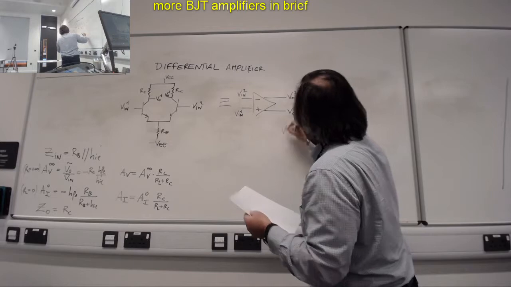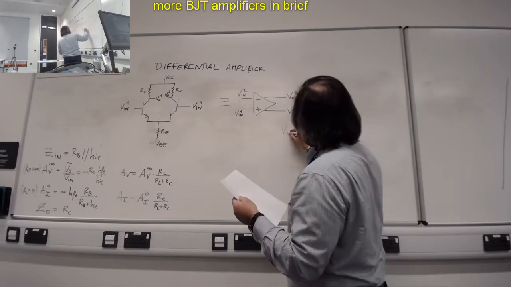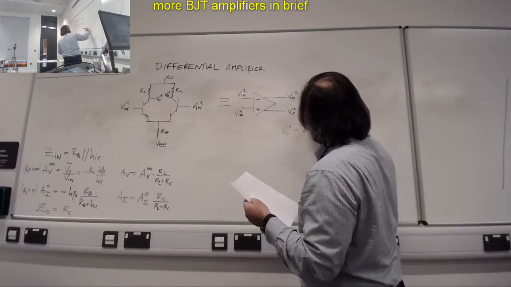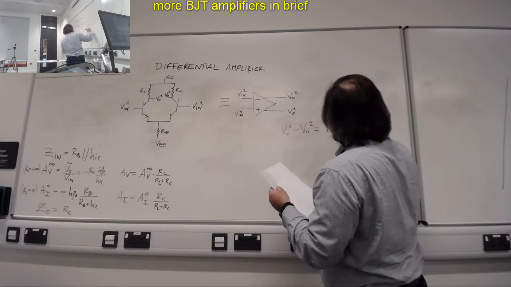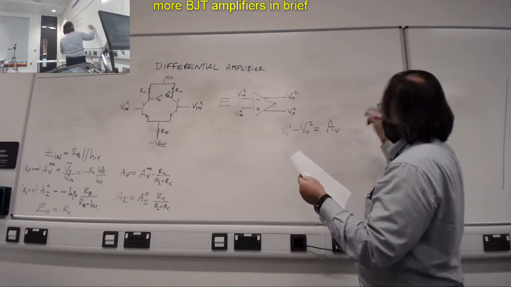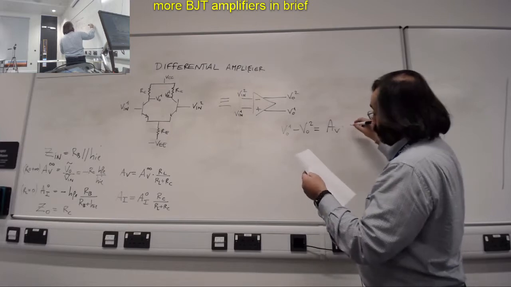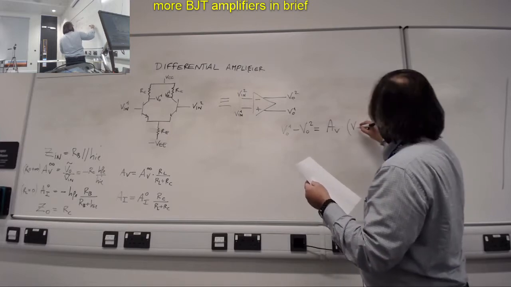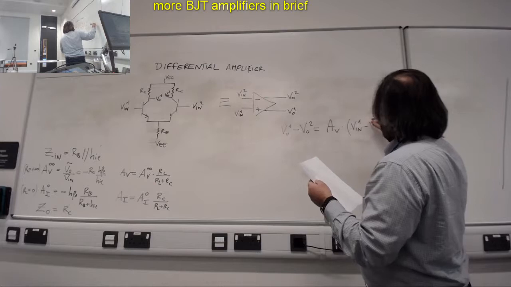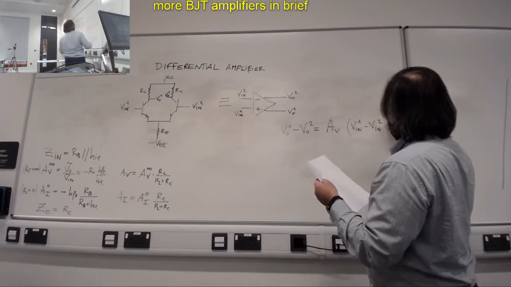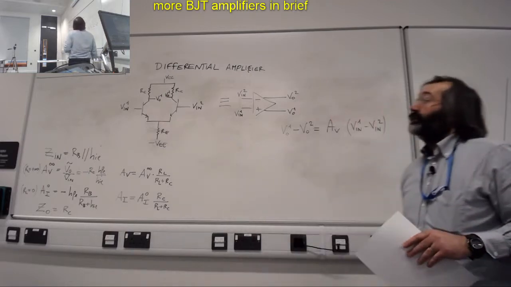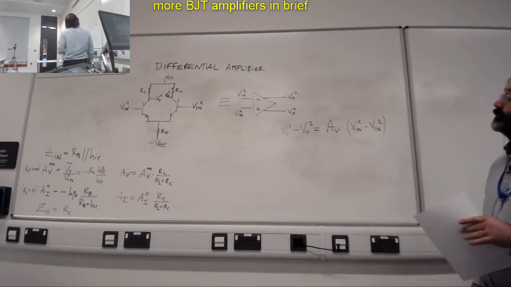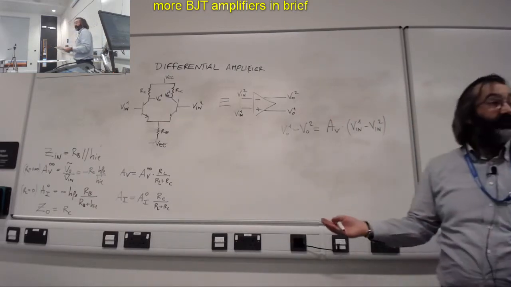And in such a way that VO1 minus VO2 is a certain differential amplification, AV, times V in. It is a differential amplifier, which I think is also very interesting.